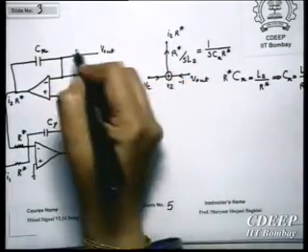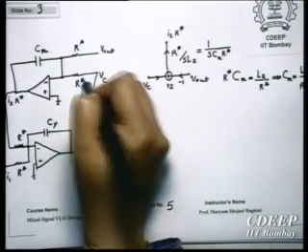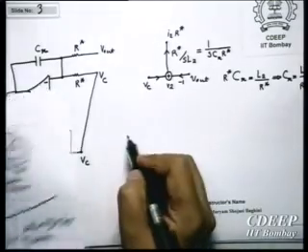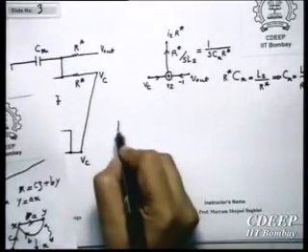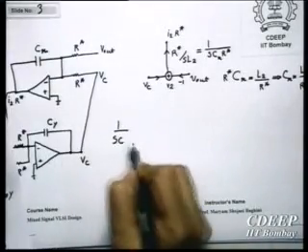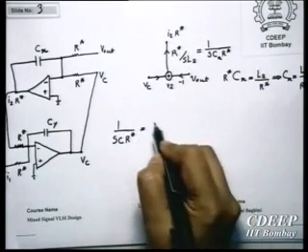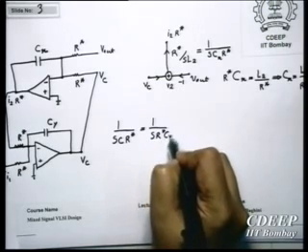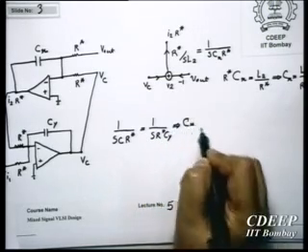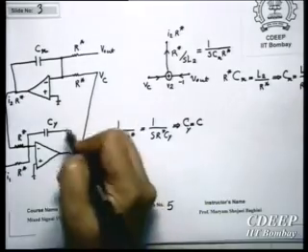So the schematic will be clean. Now again Cy. So Cy is here. Therefore 1 upon SC R star is equal to 1 upon S R star Cy. Therefore Cy is equal to C. So now this is the value of Cy.